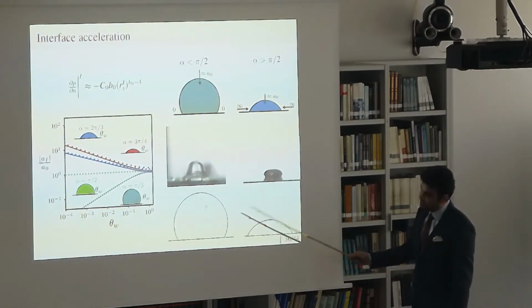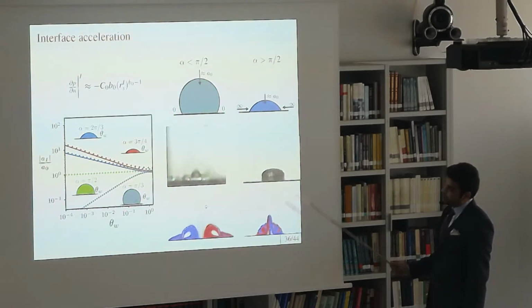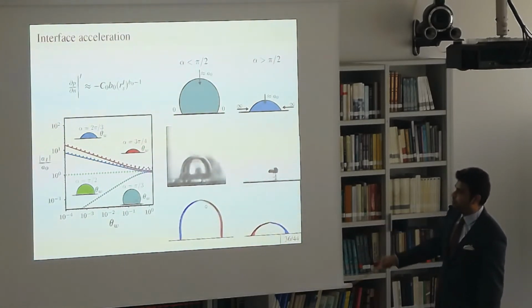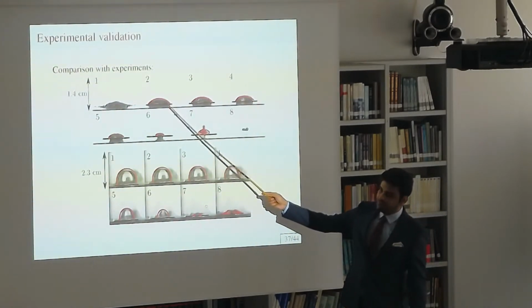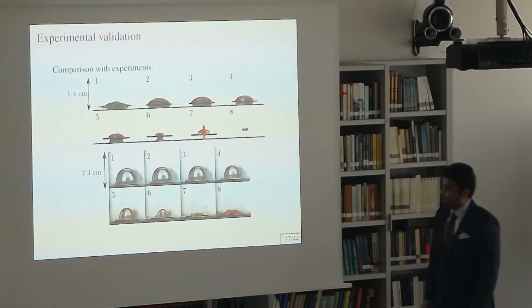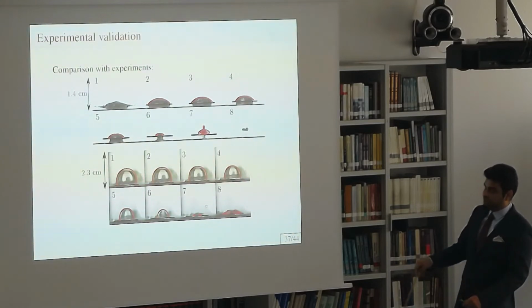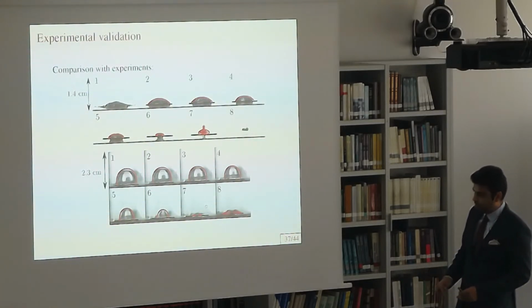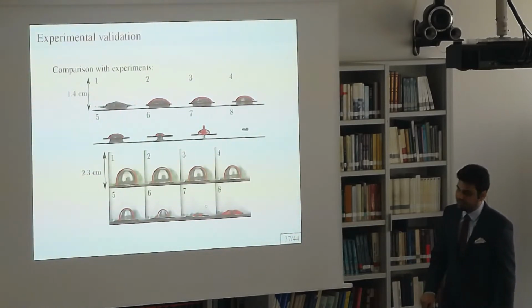The color map here represents the vorticity. We can compare one to one the experiments and the numerical bubble shapes, which are shown with the red curves. And we see that we can predict very well the dynamics happening in these two cases, and that the change in angle can change the direction of the jet that can appear.